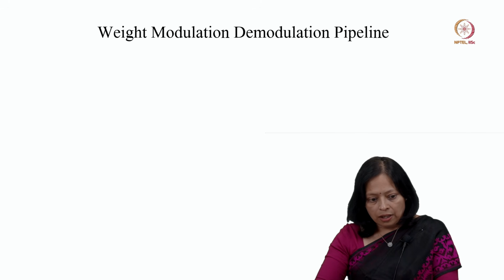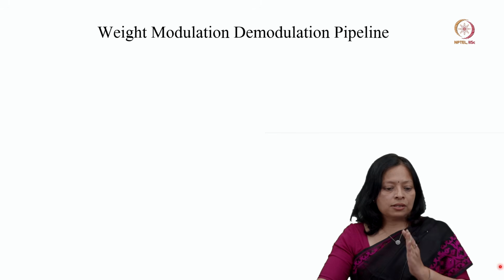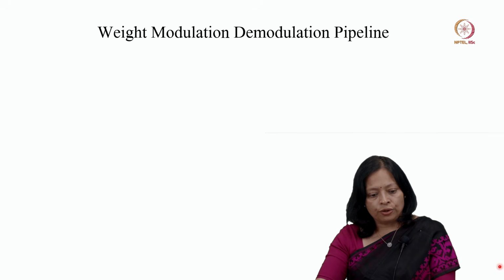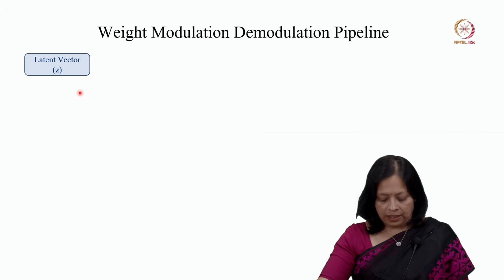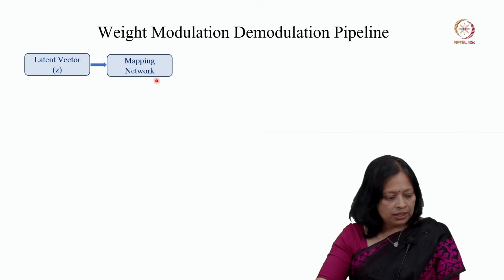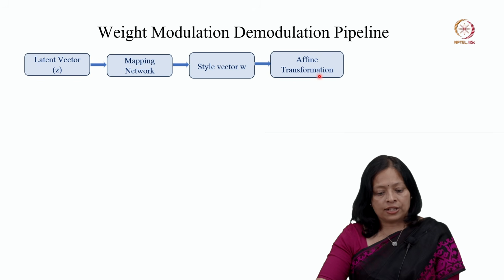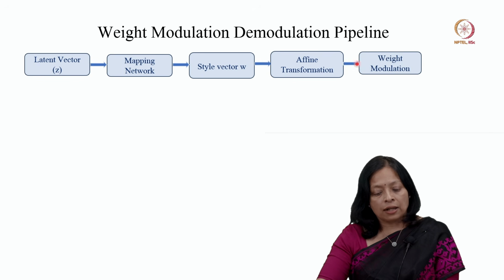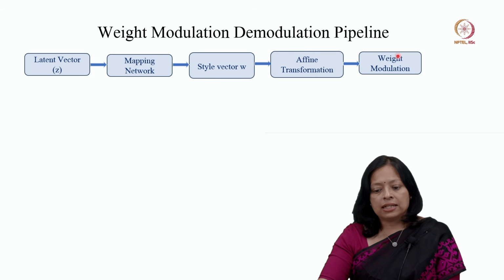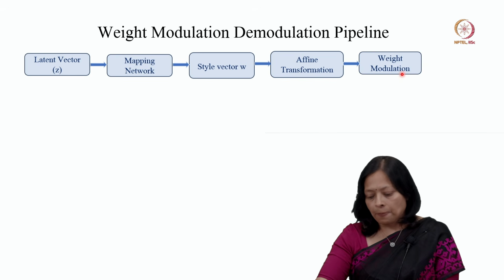Now, let us go through the weight modulation and demodulation pipeline. We have the latent vector Z, which goes to the style mapping network and gives the style vector W. This goes to the affine transformation, and after the affine transformation we get the style parameter, the scaling parameter, which is used in the weight modulation to modulate the convolution filter weights.